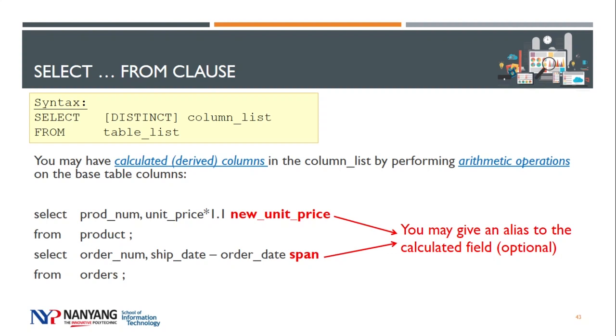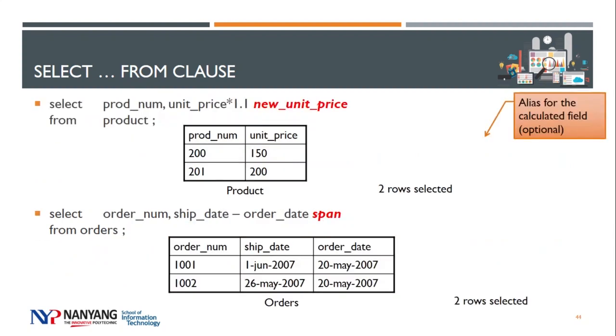We select the unit price and multiply it by 1.1 to give us the new unit price. And here is what we have, the new unit price from the products.